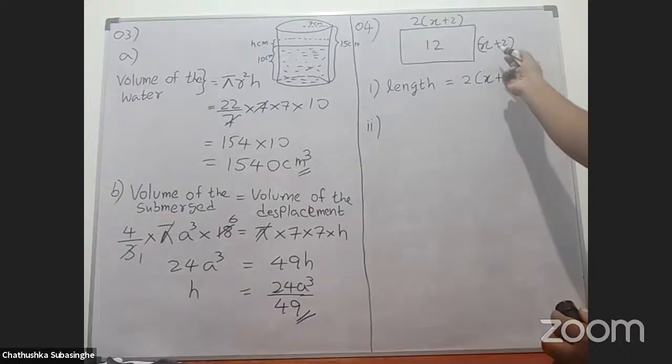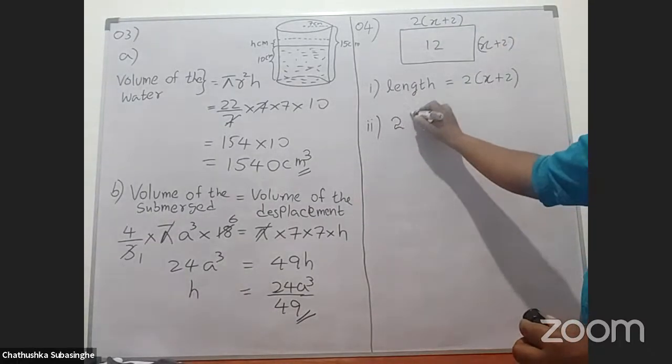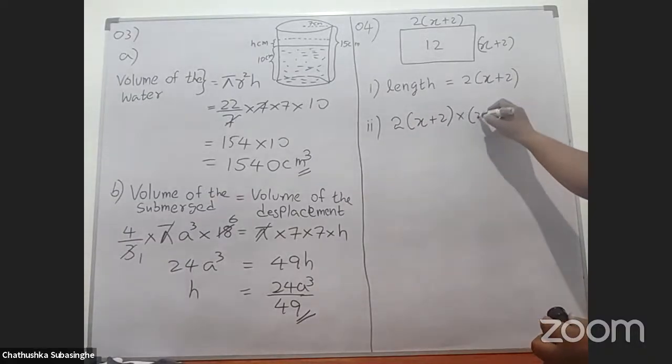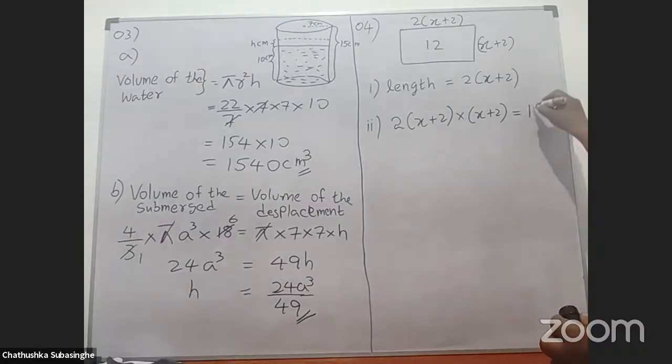How do you find the area? This is a rectangle, length into breadth. So 2(x plus 2) multiplied by (x plus 2) equals 12. Why? In the question they have given the area is 12 square units.